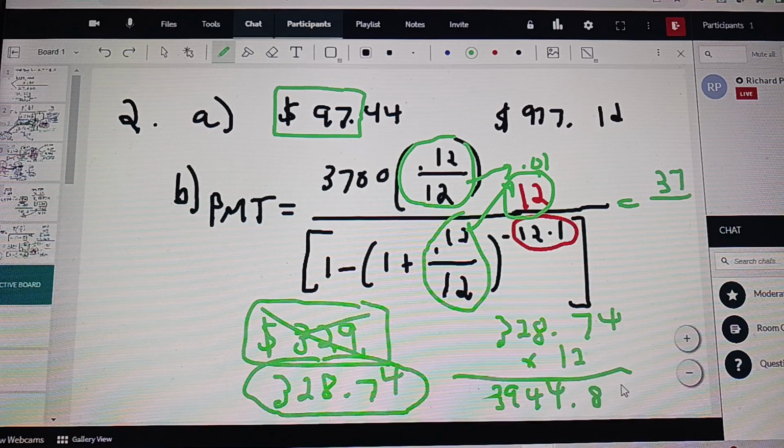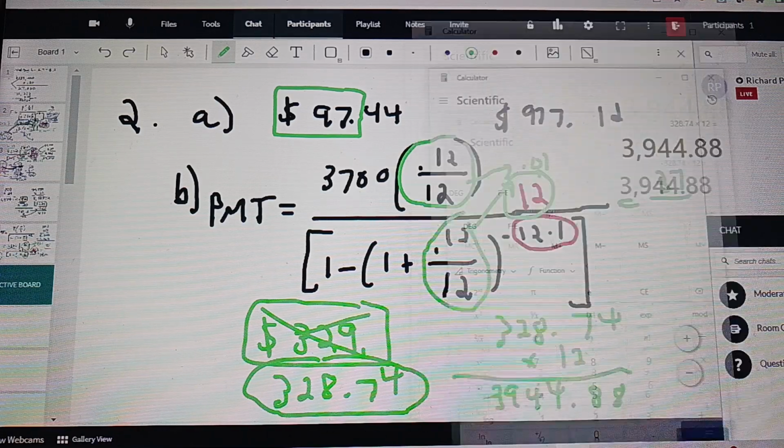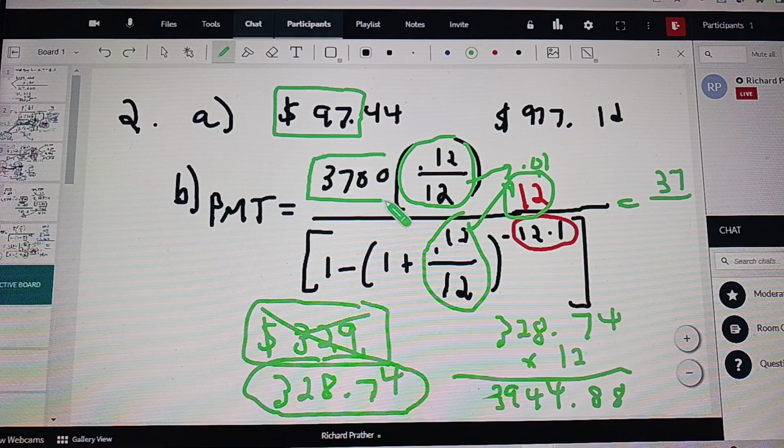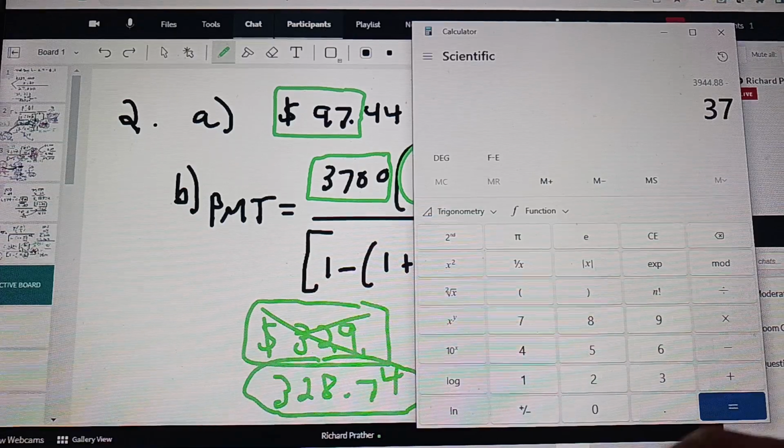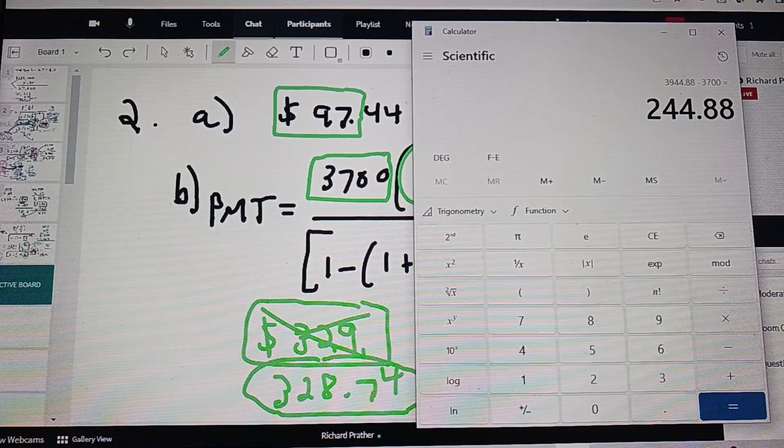But you only owed $3,700. So minus $3,700, you're only paying $200 in interest. That's a lot better than $1,000 in interest. So the interest in this option is $244.88.